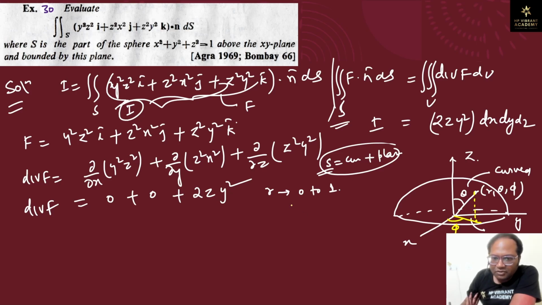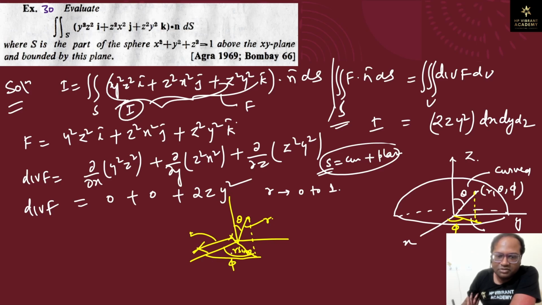So like this, this is the xy plane, this is theta, and the projection on the xy plane is like this. This is r, so this is r sin theta and this whole angle is phi. So x is equal to r sin theta cos phi.